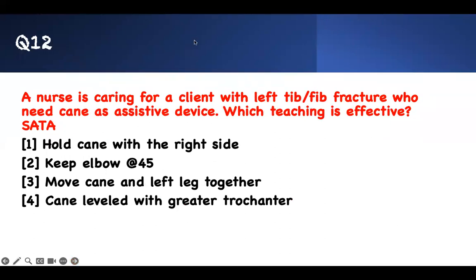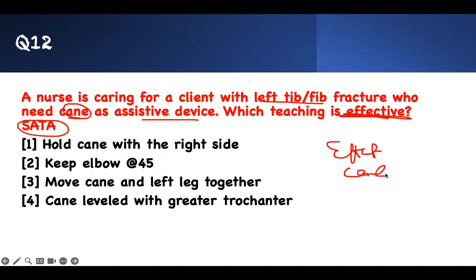It's a test-taking strategy. Which teaching is effective? Select or apply, right? Effective is the keyword, a buzzword. She's caring for a client with a fibula fracture who has a cane as an assistive device. So effective, and I'm using a cane. All you have to know is how to hold the cane. The cane should be held on the unaffected side.